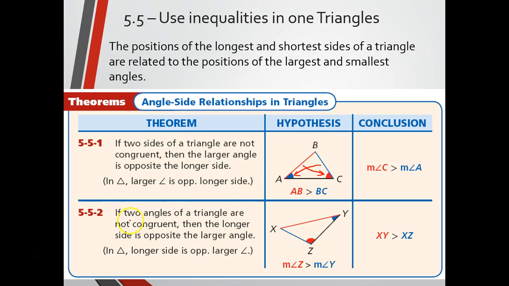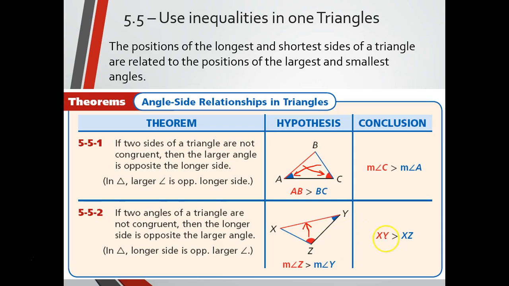Okay, so let's look at this next one. If two angles of a triangle are not congruent, then the longer side is opposite of the larger angle. So same thing going on here, except now we're looking at the angles. So if we know that angle Z is the larger angle, then the side opposite of that angle is going to be the longest side.